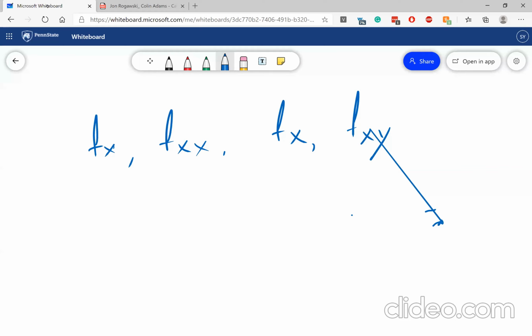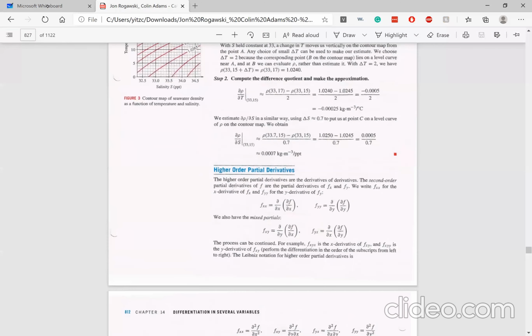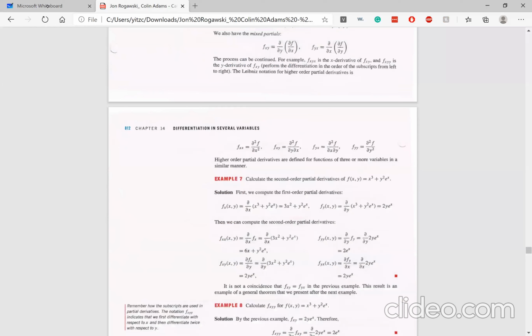Okay, and so on and so forth. So there are 4 things that we can do: xx, yy, xy, and yx in 2 dimensions. And in terms of the partial derivatives, they would read as the partial squared of f with respect to partial x squared. This would be the partial squared of f, partial y, partial x, and so on. Any questions about this?